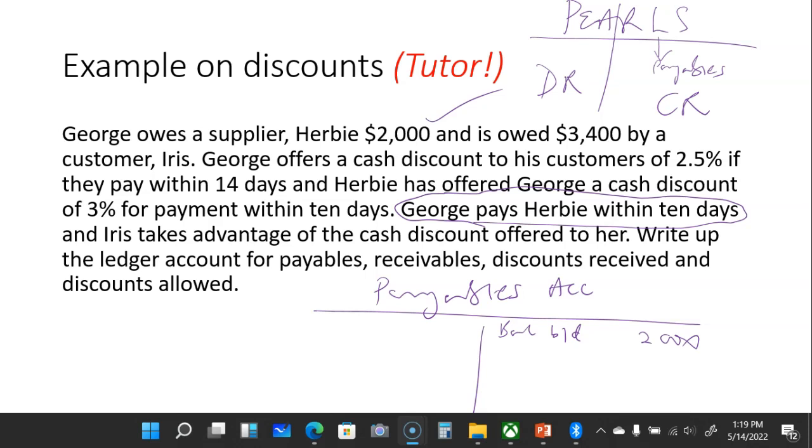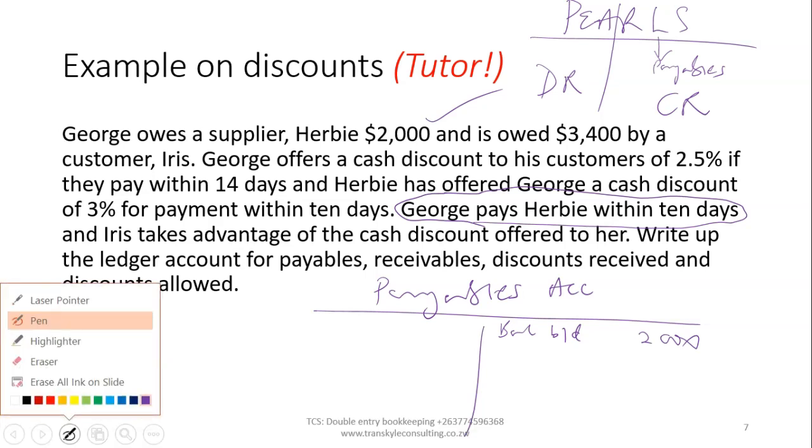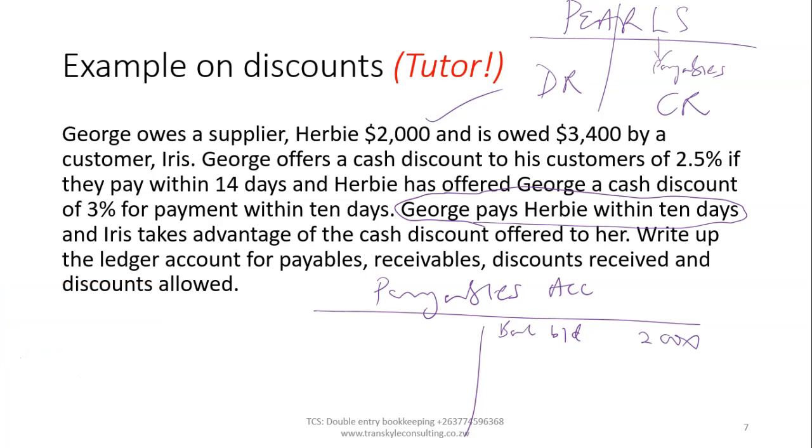If he pays early, he enjoys 3%, because Herbie had promised that if you pay within 10 days, you get a 3% cash discount.